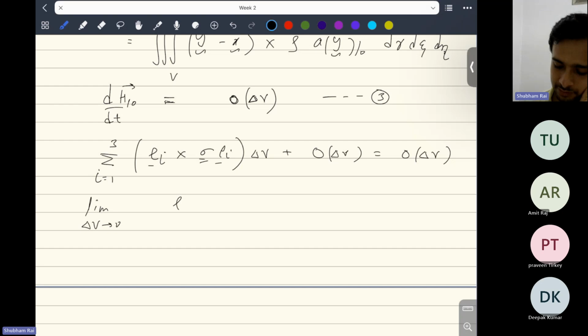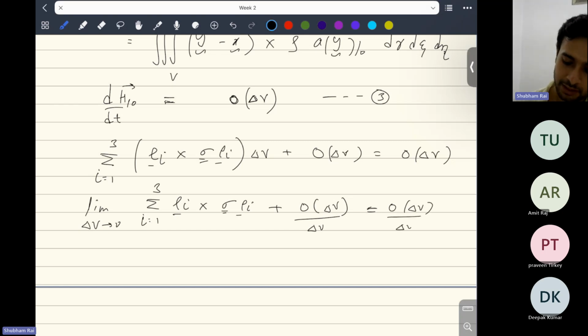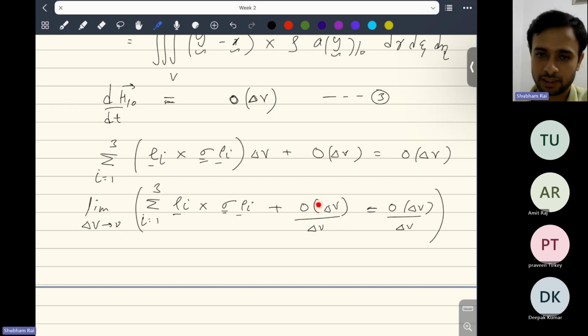We divide the whole thing with delta V, so you get e_i cross product sigma e_i, and obviously i is going from 1 to 3, plus higher order terms of delta V divided by delta V, that will be equal to higher order terms of delta V divided by delta V. So this is a higher order term of delta V, right?